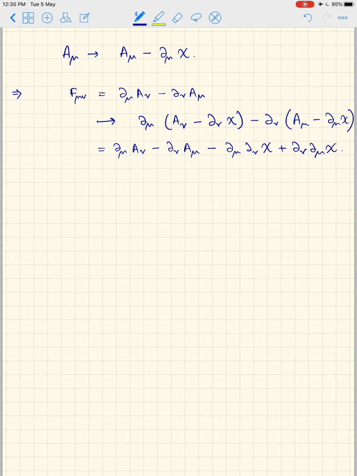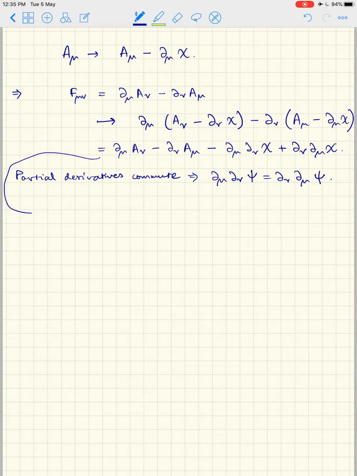Now we know that partial derivatives commute. That essentially means that del nu acting on some object psi is equal to del mu acting on the same object psi.